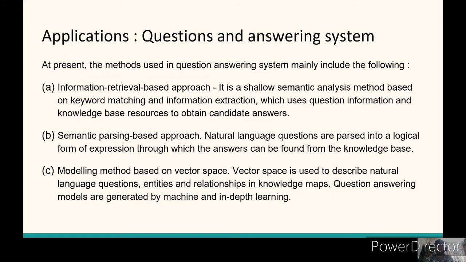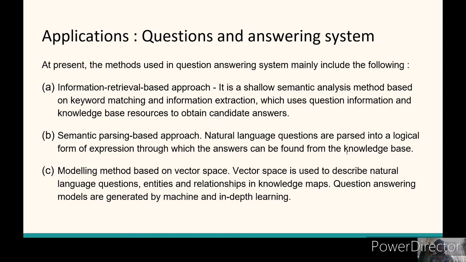A. Information retrieval based approach. It is a shallow semantic analysis method based on keyword matching and information extraction, which uses question information and knowledge based resources to obtain candidate answers. B. Semantic parsing based approach.